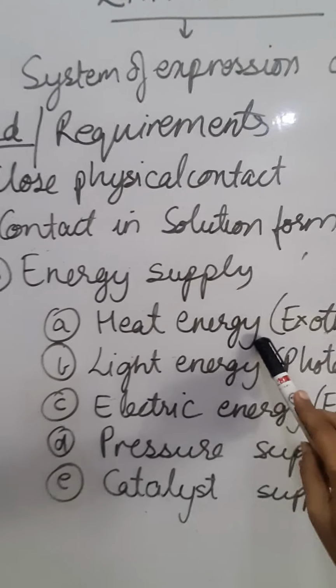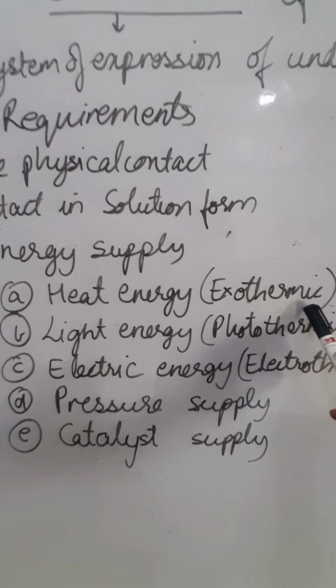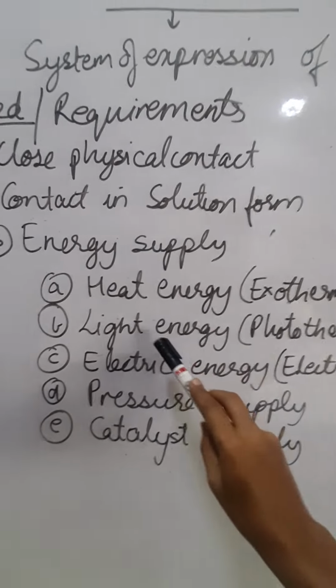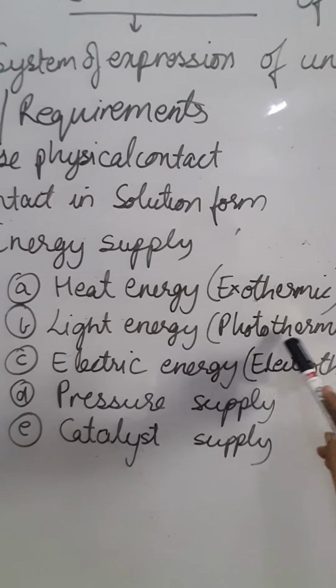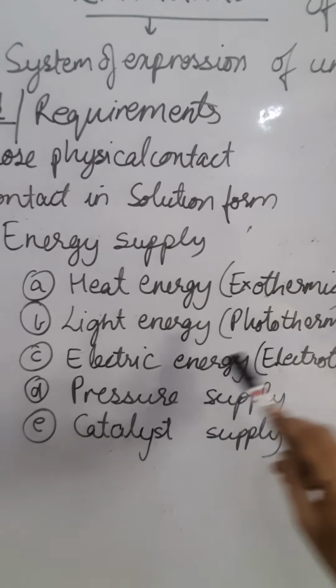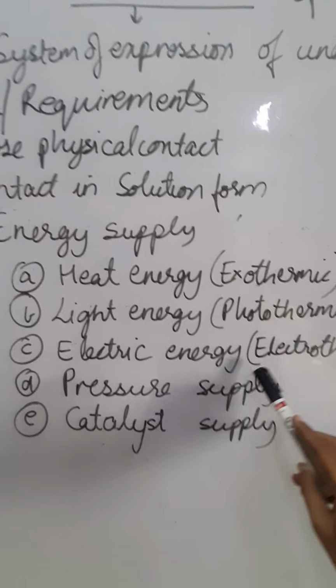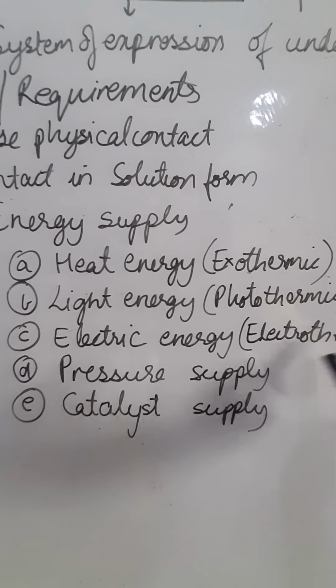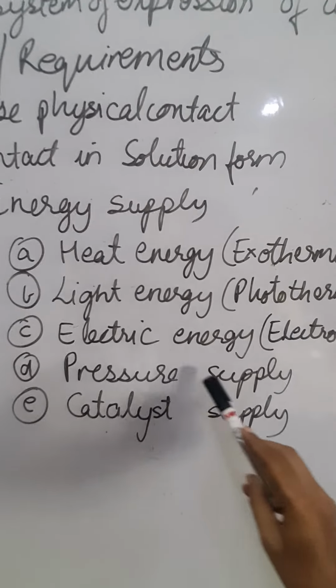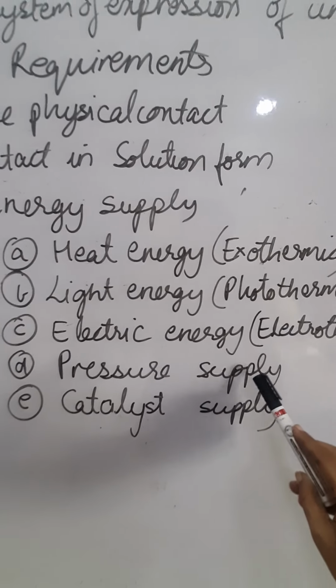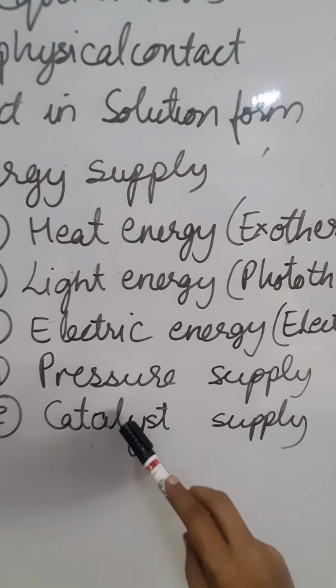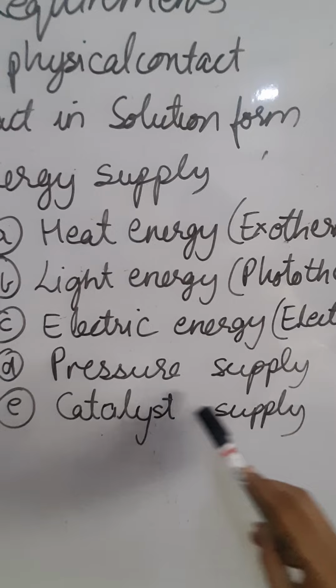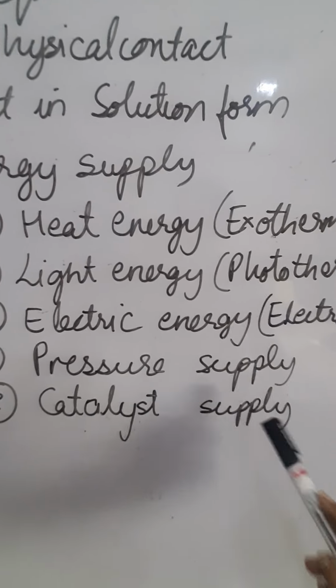It can be heat energy, which is called an endothermic reaction. It can be light energy, which is a photochemical reaction. It can be electric energy, that is an electrochemical reaction. It can be a pressure requirement, as it happens in ammonia formation, or it can be a catalytic supply, a simple catalyst like platinum.